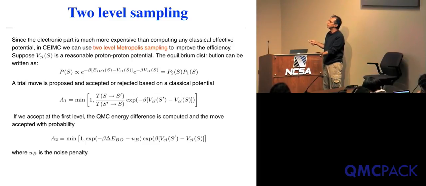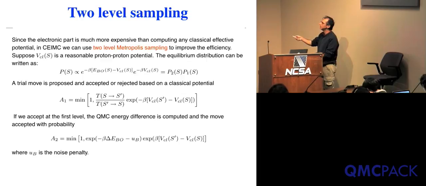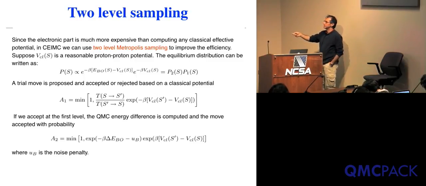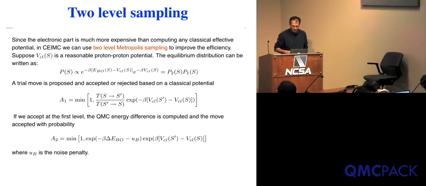And we do a pre-acceptance test. So we propose a move with some rule, and then we pre-accept the move with this distribution. And then only if this acceptance is passed, then you go to the second level. This speeds up the calculation a bit. And this is the penalty method on the acceptance.